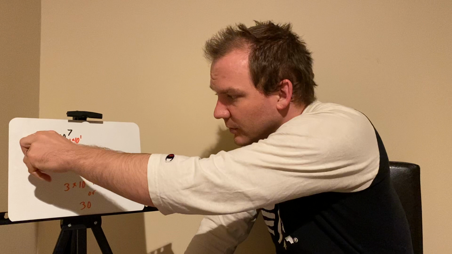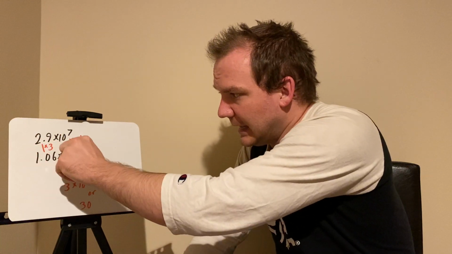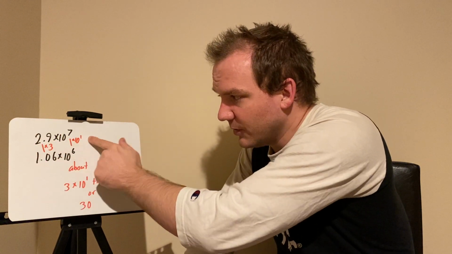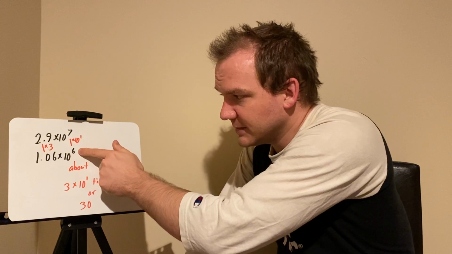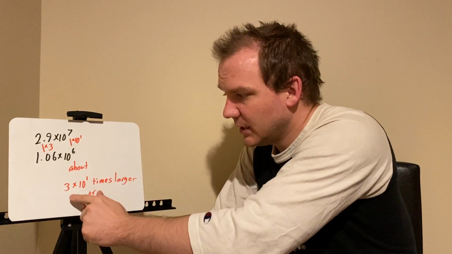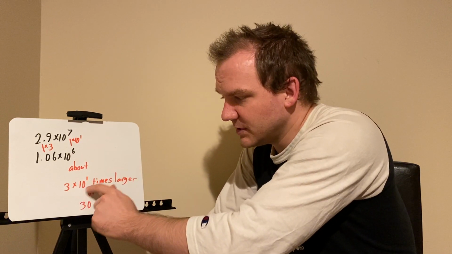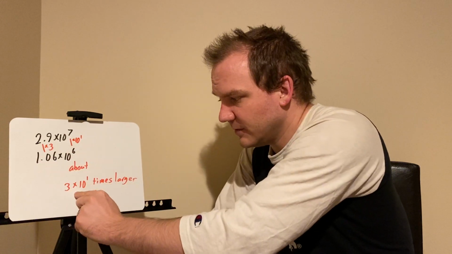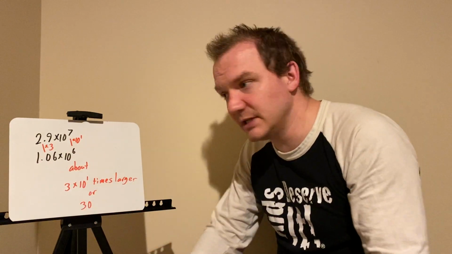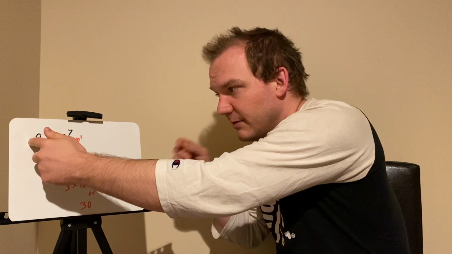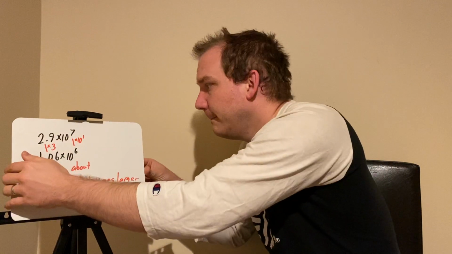So this number is 3 times larger. And the exponents are 10 to the 1 times larger because it goes from 10 to the 6th to 10 to the 7th, so it's 10 to the 1st. So it's 3 times 10 to the 1st times larger, or about 30 times larger. This number is about 30 times larger than that number.